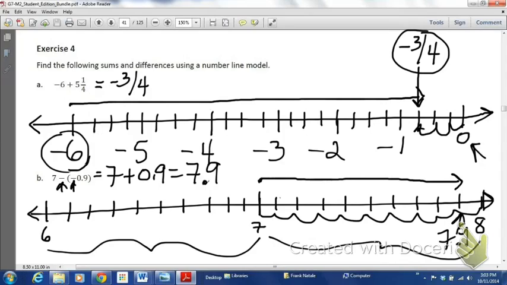So that's really important. Crafting your number line is just as important as anything, really, because it really helps you figure it out, and it makes things easier to see.